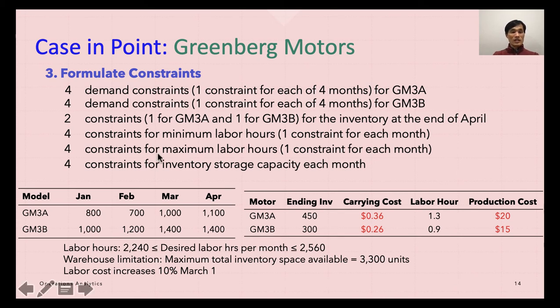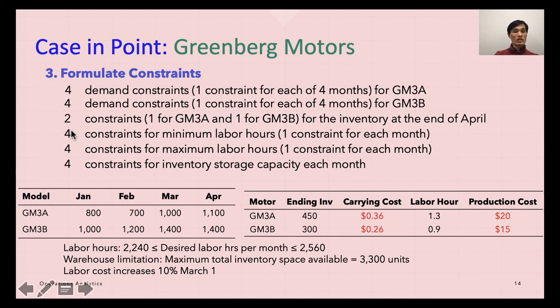We see 4 demand constraints, 1 for each of 4 months for GM3A, and 4 demand constraints for GM3B, 2 constraints for inventory, the remaining inventory at the end of April, for which there was a requirement, and then 4 constraints for minimum labor hours, 1 for each month, and 4 constraints for maximum labor hours, 1 for each month, and 4 constraints for inventory storage capacity each month.